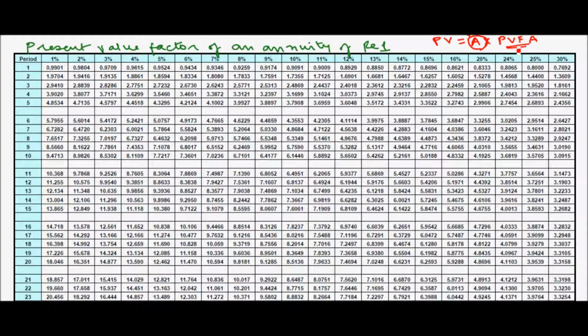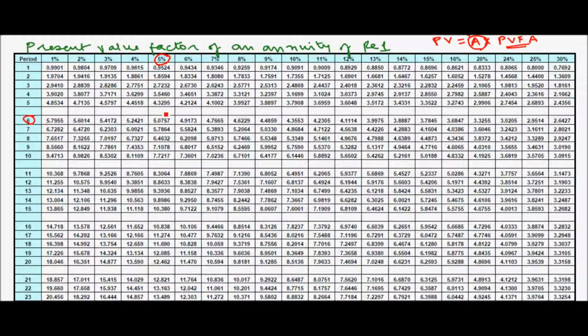So basically somebody has taken the second part of the formula and calculated the value for different periods, that is 1, 2, 3, 4, 5, 6 and so on, and different interest rates, 1%, 2%, 3% and so on. Now in our case, N, which is the number of periods, is 6, while the rate of interest, I, is 5%.